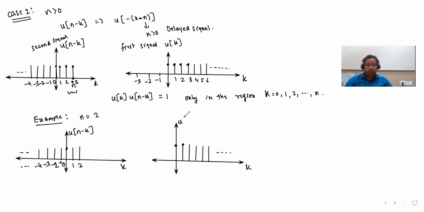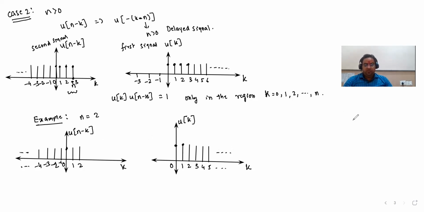Now I see here that this is 0, this is 1, this is 2, this is 3, this is 4, 5, and so on. Now just simply see here. If I multiply u of k and u of n minus k here, what is going to remain?